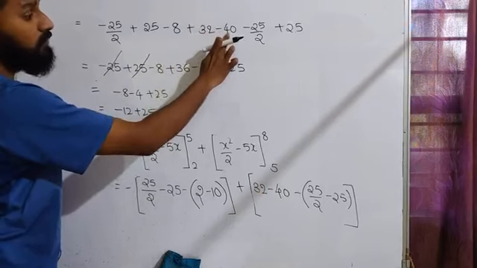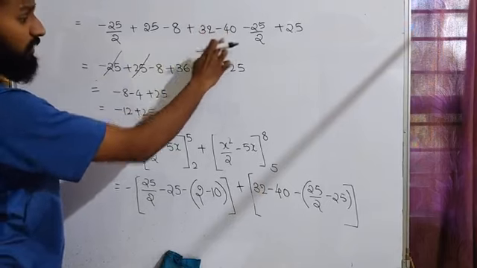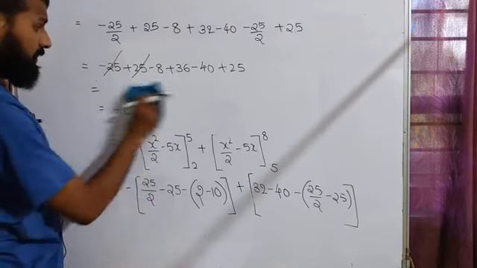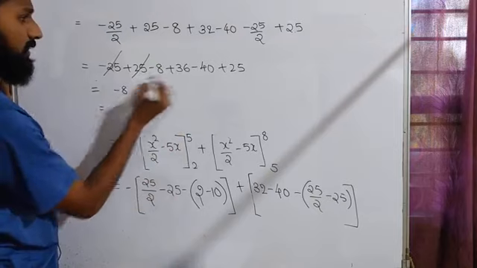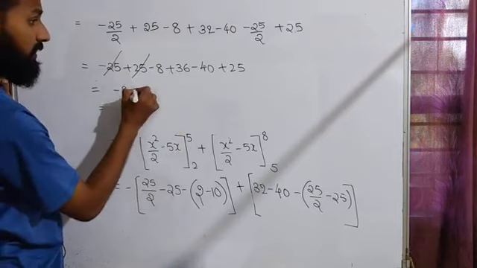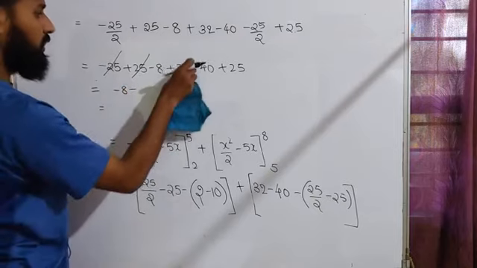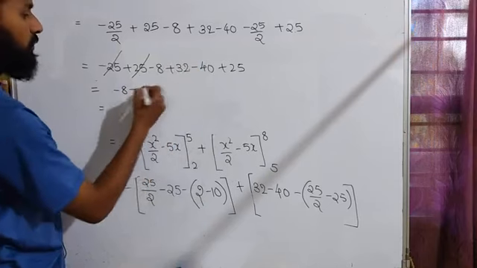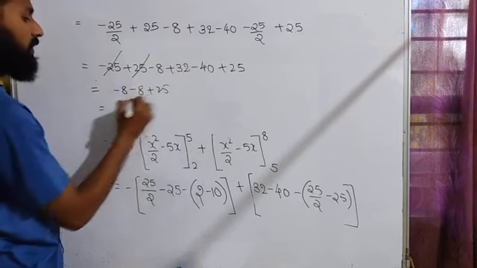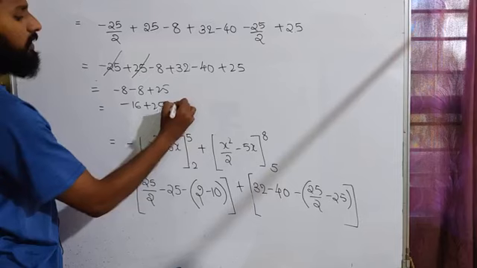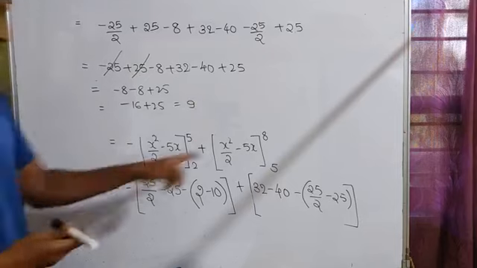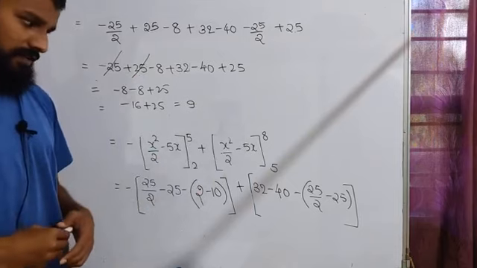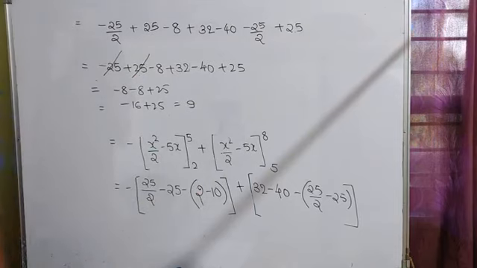So 32 minus 40, let's see this one. So this is minus 8, and this is 32, right? Yeah, 32. So this will be minus 8 plus 25 minus 16 plus 25, which gives me plus 9 as our answer. So the mistake was here, x square, that is 64 by 2, that is 32.